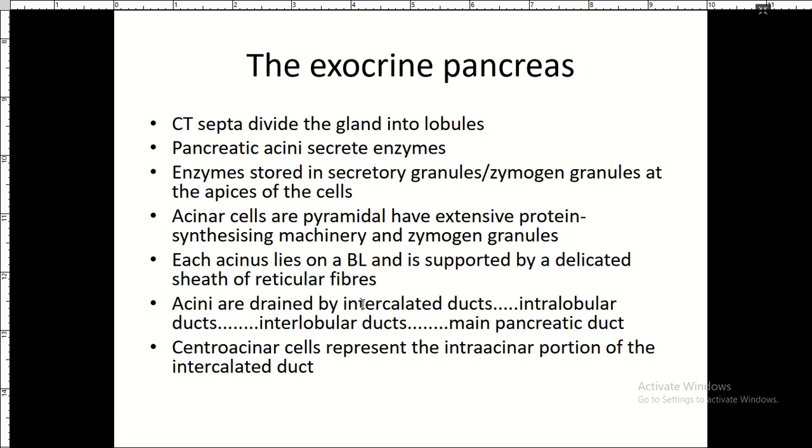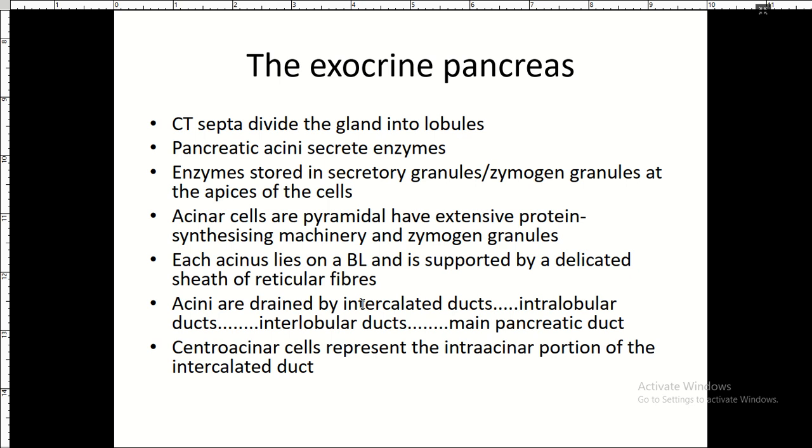So the acinar cells are pyramidal and they have extensive protein synthesis machinery. These proteins that are synthesized, they are going to be stored in the zymogen granule. Each acinus will be lying on the basal lamina, that is highly regulated, and these cells will be joined by tight junctions, and they sit on the basal lamina by the hemidesmosomes.